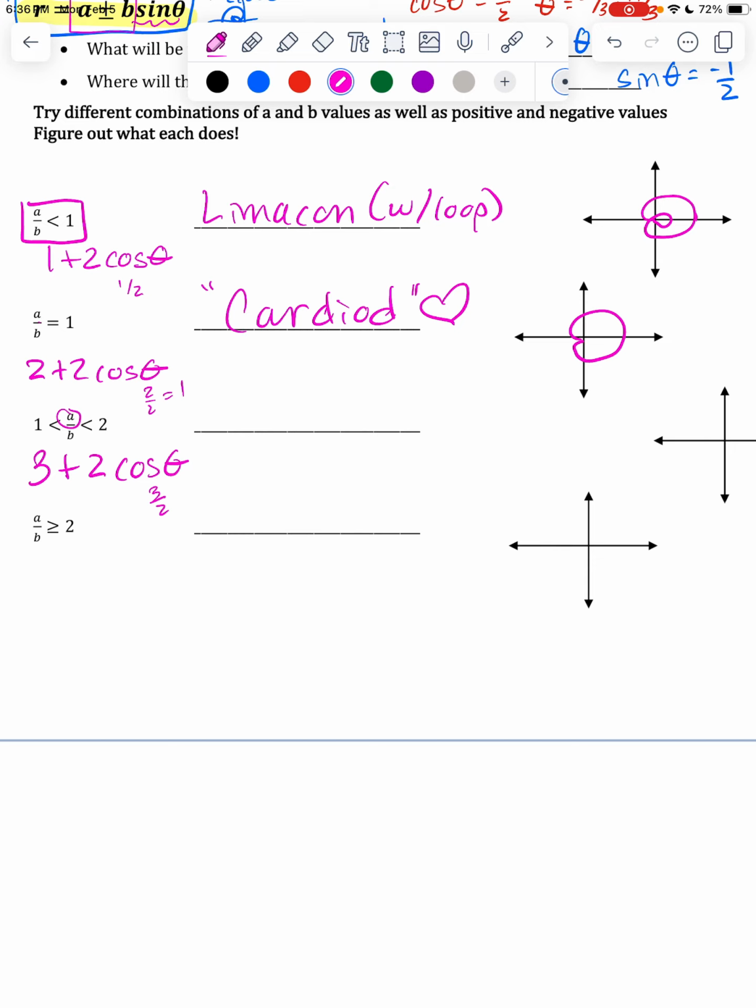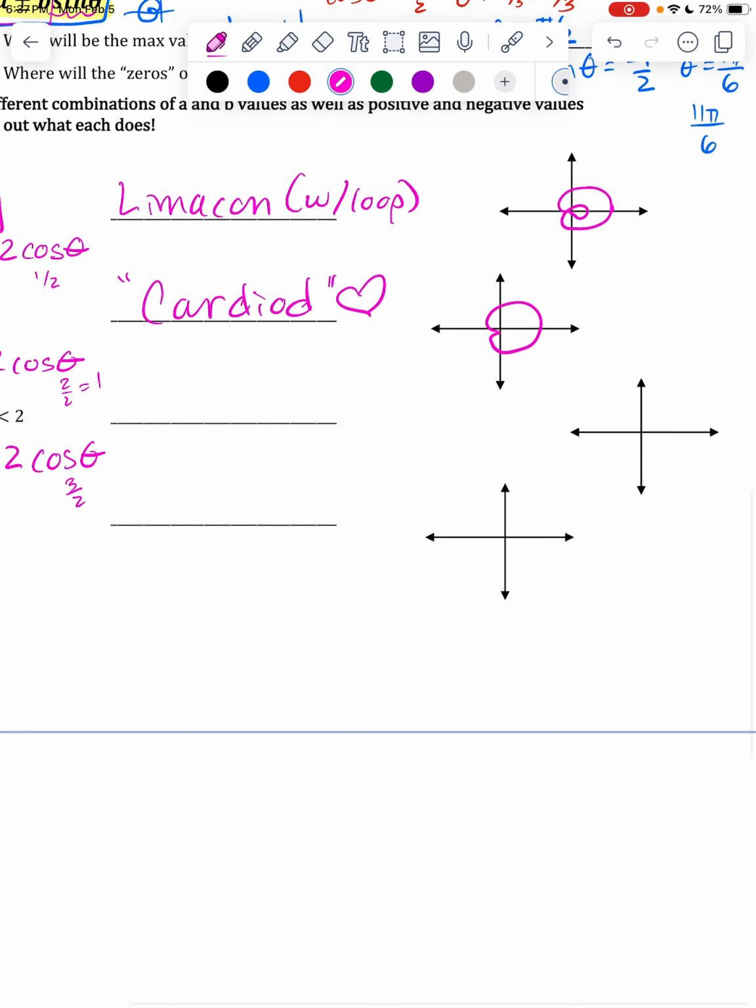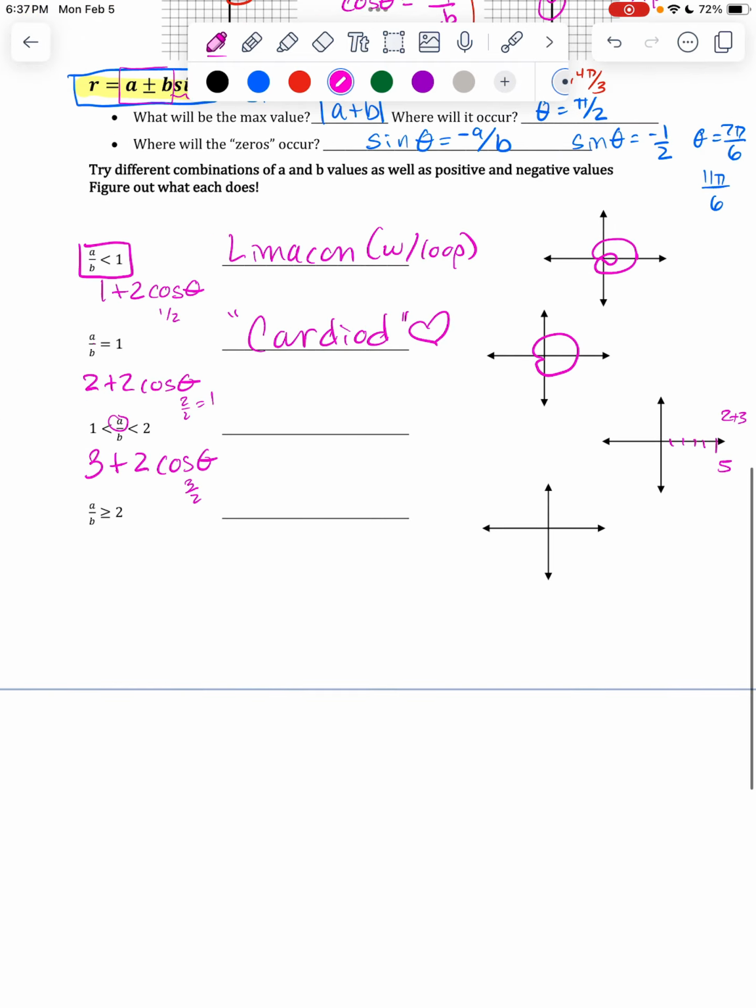So I'm going to try again and type in 3 plus 2 cosine theta. And now, if you can see, it moves over, so it does go on the other side. But now it's coming all the way out to 1, 2, 3, 4, 5, if you can see that. That 5 is coming from 2 plus 3, which are the two numbers in my picture.